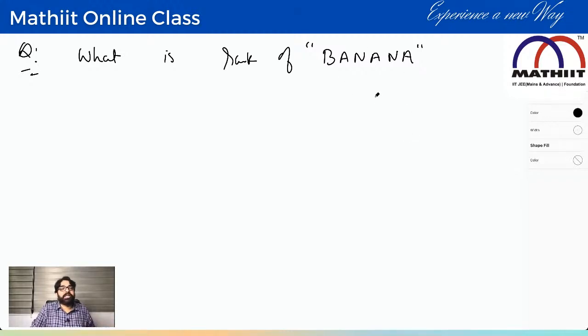If we arrange these letters in alphabetic order, as in a dictionary, what will be the rank of banana? Did you understand the meaning of the question? If we arrange the letters of banana as in a dictionary, what will be the rank of banana?